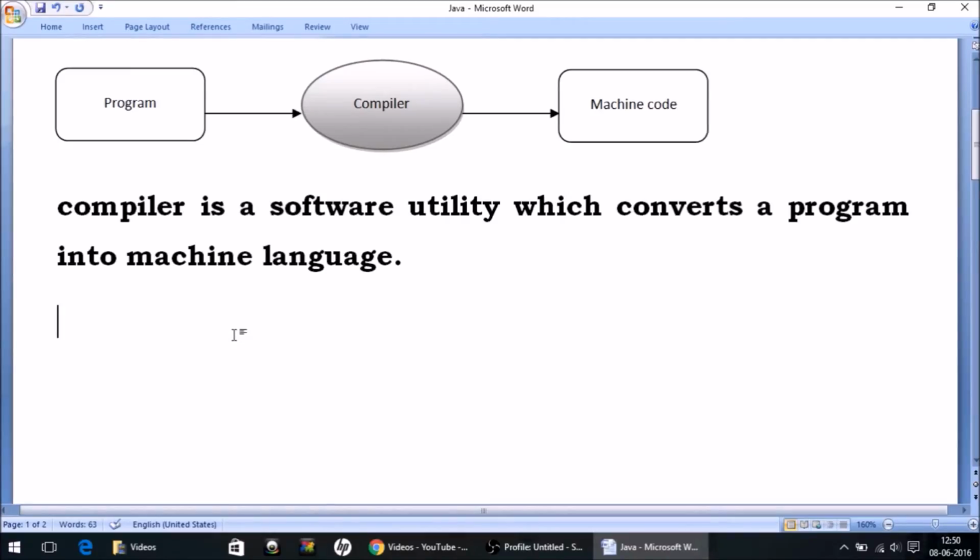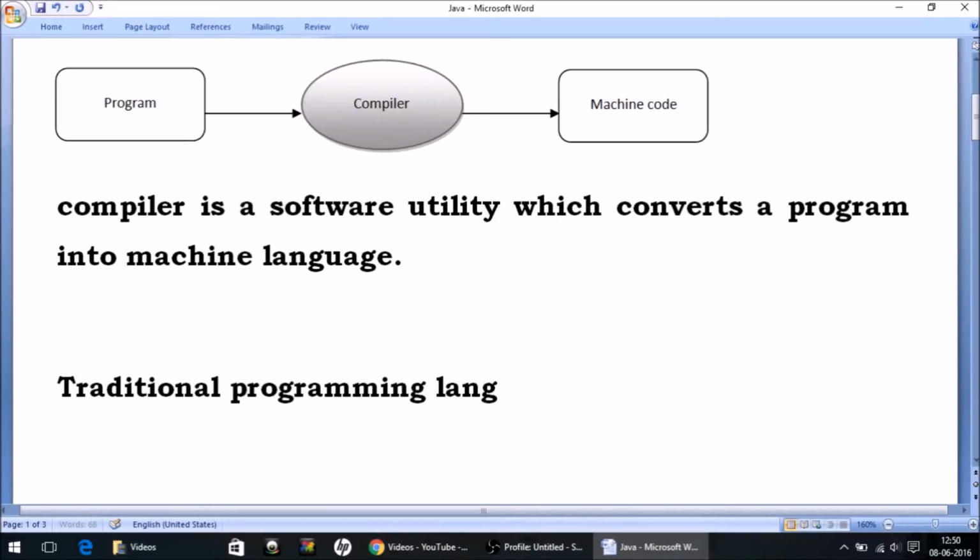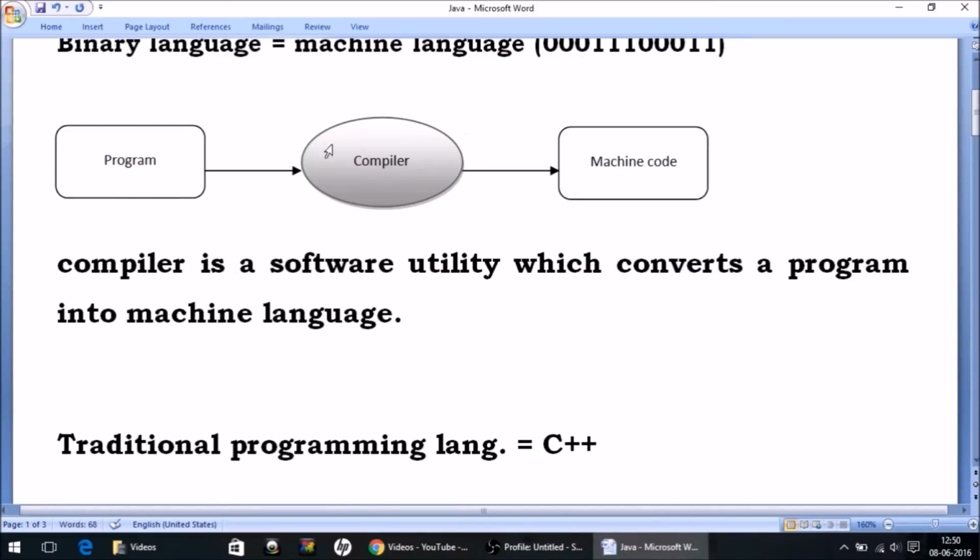So when we are talking about traditional programming languages such as C or C++, this is exactly what happens. That is, a program written in C++ is converted by compiler into machine code.